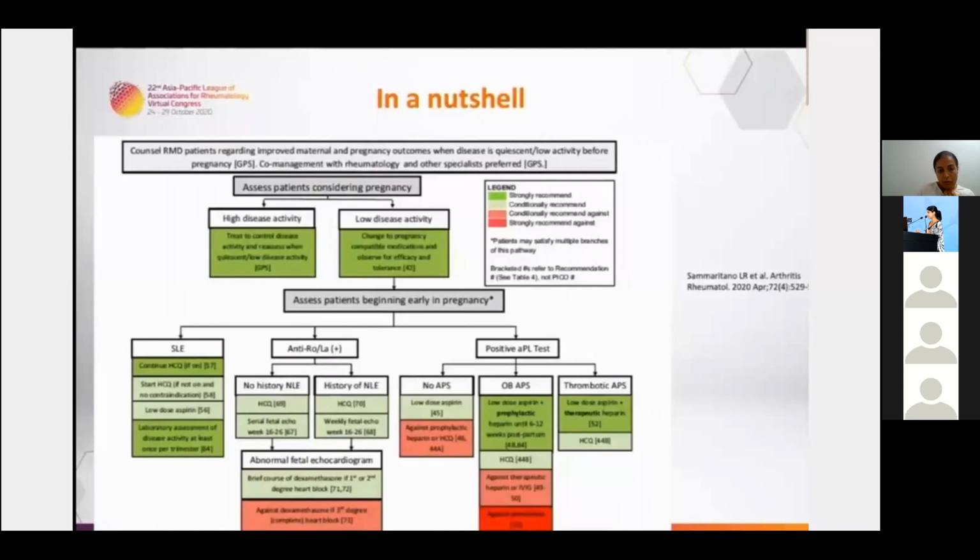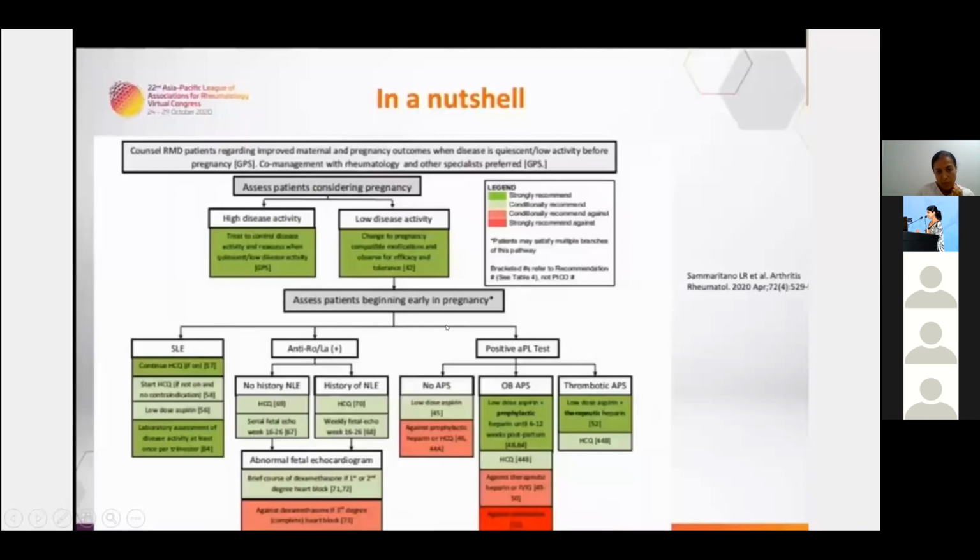And we have to advise on contraceptives until the disease activity is controlled. And if the patient has low disease activity, then the patient can be changed to safe medications and proceed to pregnancy.